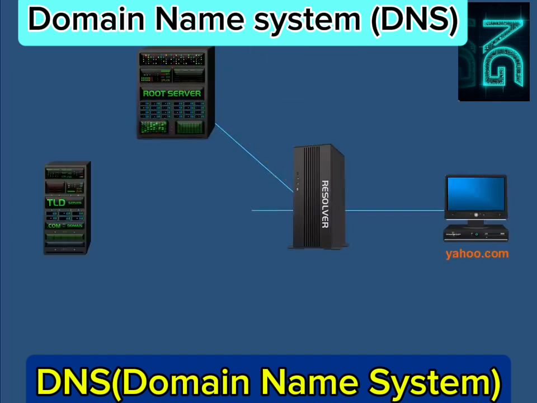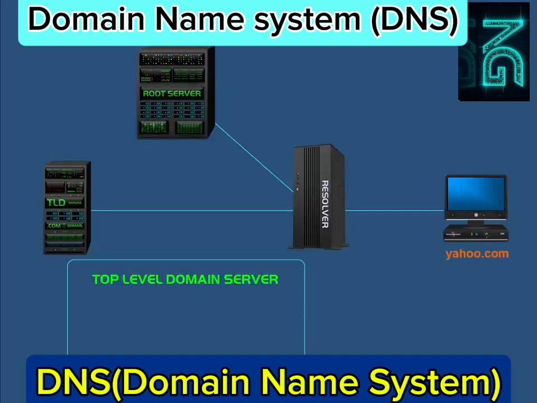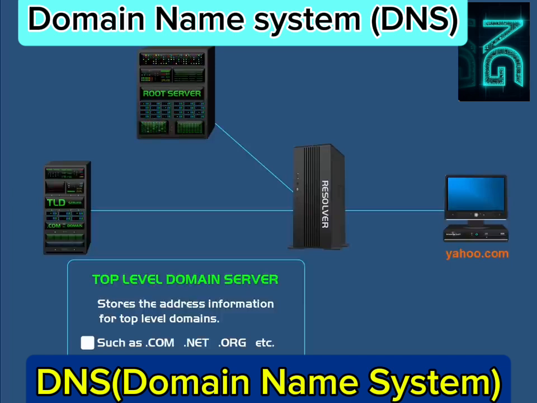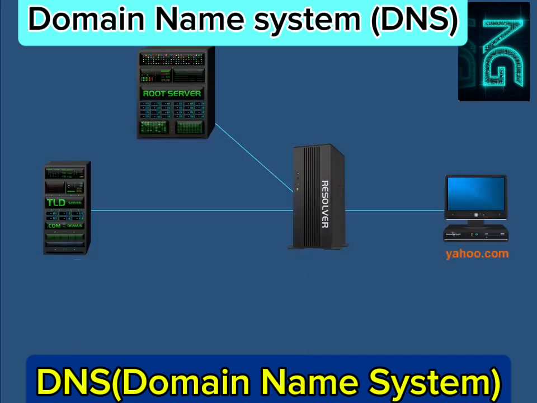So the resolver will now ask the TLD server for the IP address for yahoo.com. The top-level domain server stores the address information for top-level domains such as .com, .net, .org, and so on. This particular TLD server manages the .com domain, which yahoo.com is a part of.